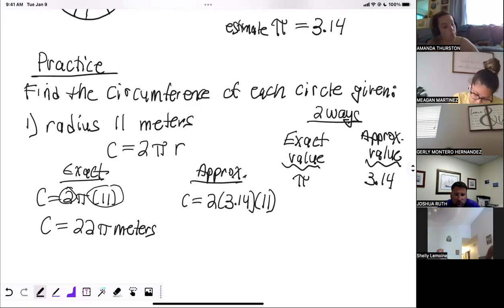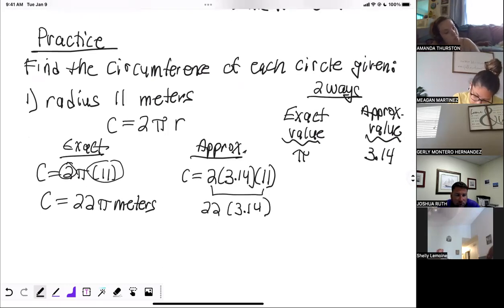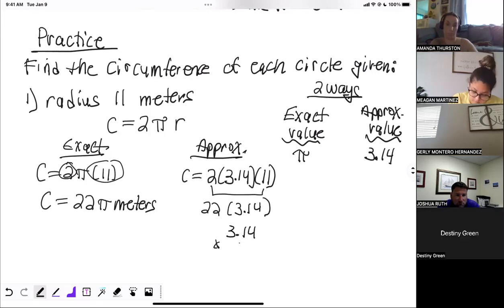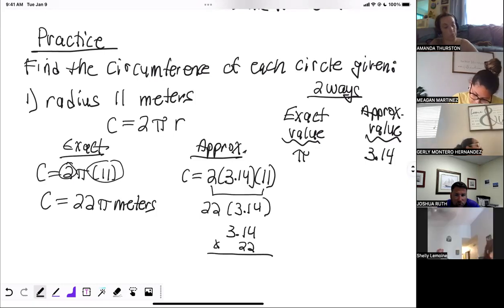I suggest multiplying the two whole numbers first, so it'd be 22 times 3.14, and then we're going to multiply vertically. It's just like a normal problem with decimals. See how I put 3.14 on top? I also find if you put the longer number on top, it's sort of better on your eyes when you look at it.